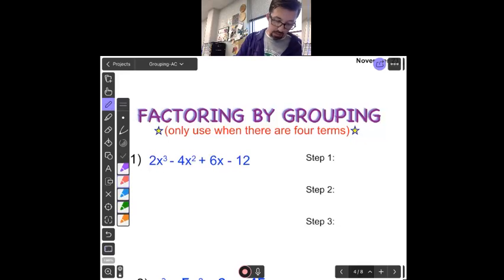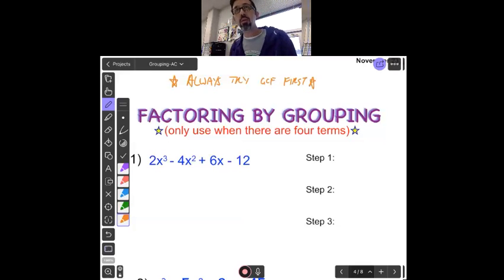The tool we learned last time was GCF. Remember I taught you guys that you always try GCF first. GCF is the most basic type of factoring, being able to pull something out of something else.